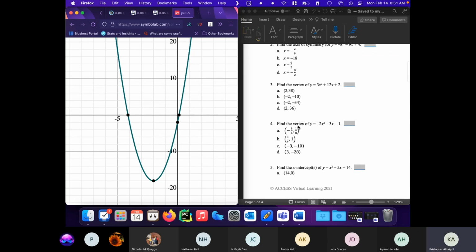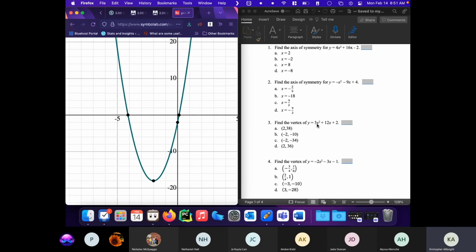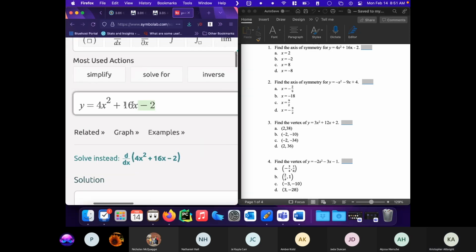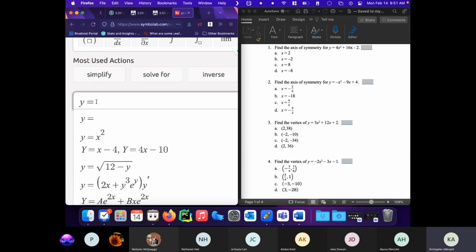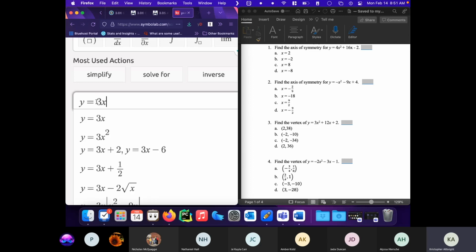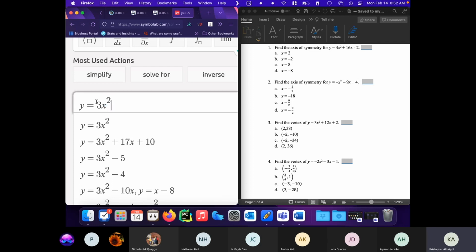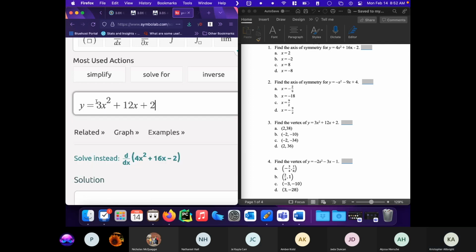Okay, so let's find the vertex. Let's do number 3. Let's plug in again. Y equals 3x squared plus 12x plus 2.